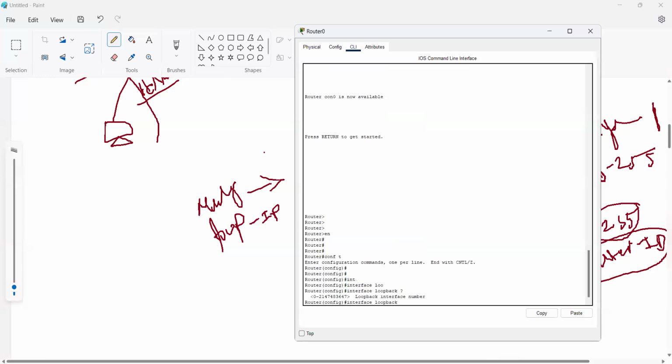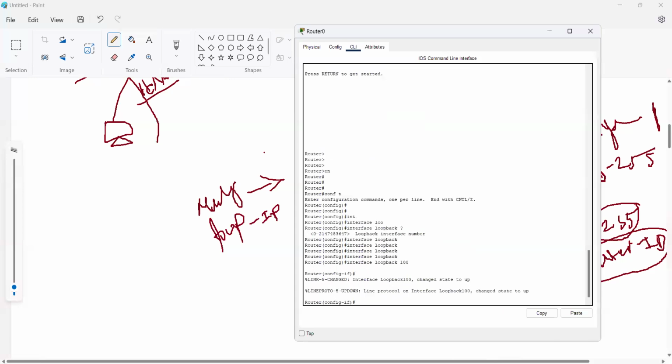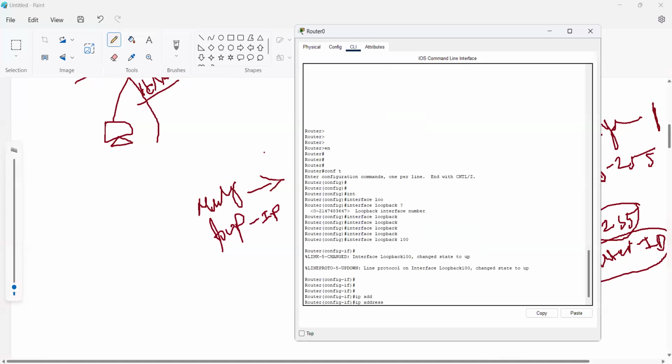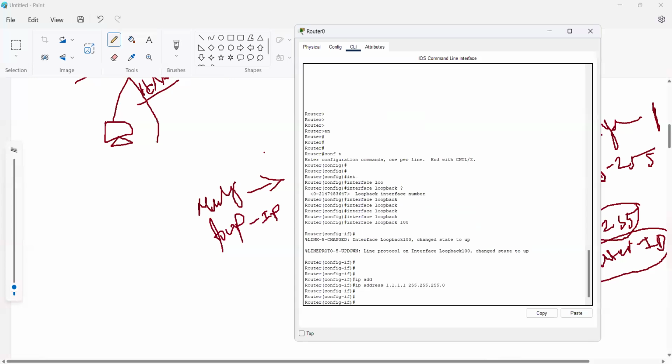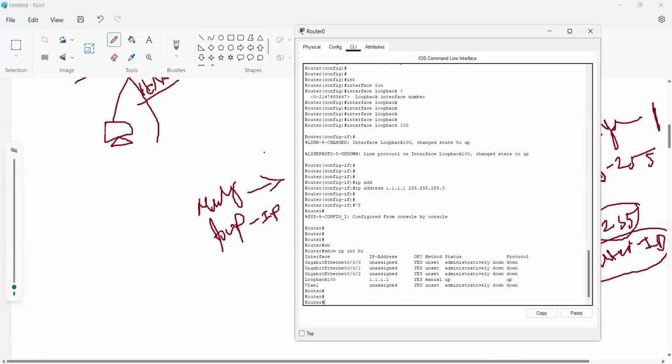This many loopback interfaces we can create, since it is a virtual interface. I am giving 100, and I am giving the IP address also, 1.1.1.1 and 255.255.255.0. We can verify it with show ip interface brief. This is a loopback interface. If we configure a loopback interface, that will become the router ID.